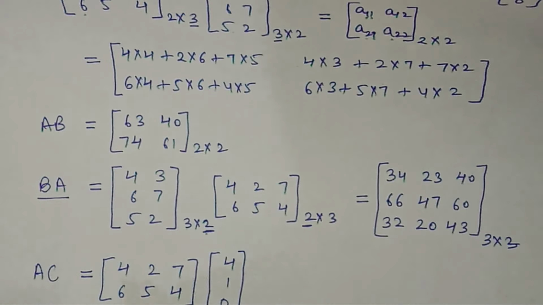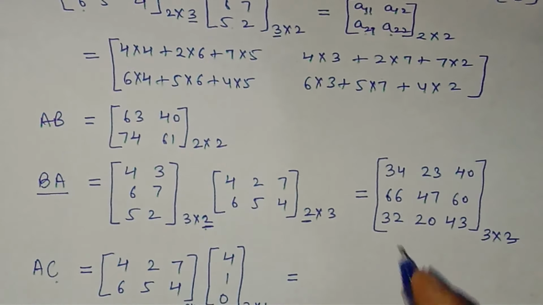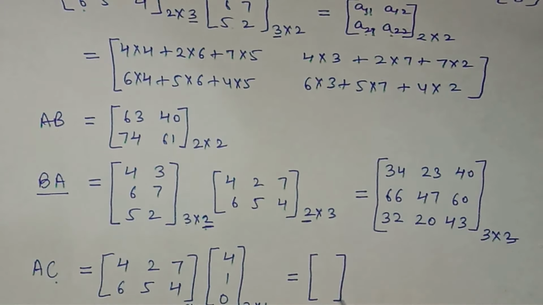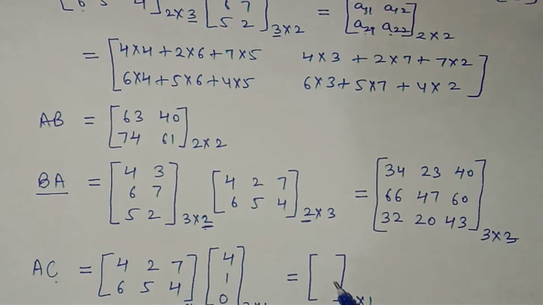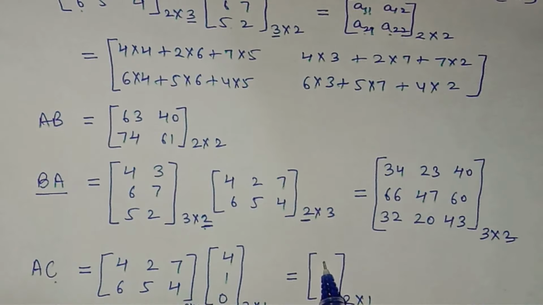Now if I find out A into C, it is also possible to calculate, because the number of columns of the first matrix and the number of rows of the second matrix are the same, and the order of the resulting matrix will be a matrix of order 2 by 1, and there will be two elements in this matrix. The first element is A11 and the next element will be A21.